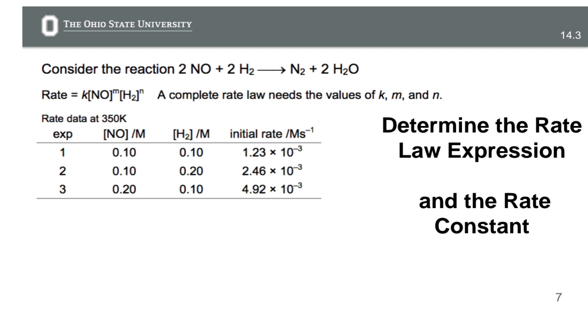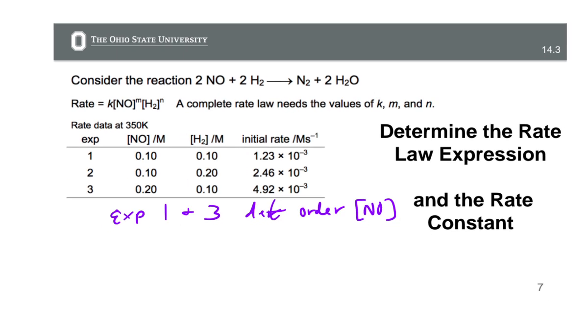So basically look at the pairs that you can make. Here in 1 and 3, the concentration of hydrogen is constant and the concentration of NO is doubled. So we can use experiments 1 and 3 to determine the order with respect to the concentration of NO. And then for the concentration of H2, we're going to hold the NO concentration constant and only change the H2.